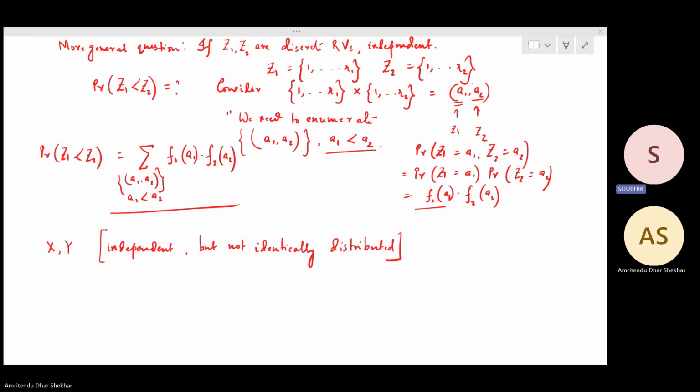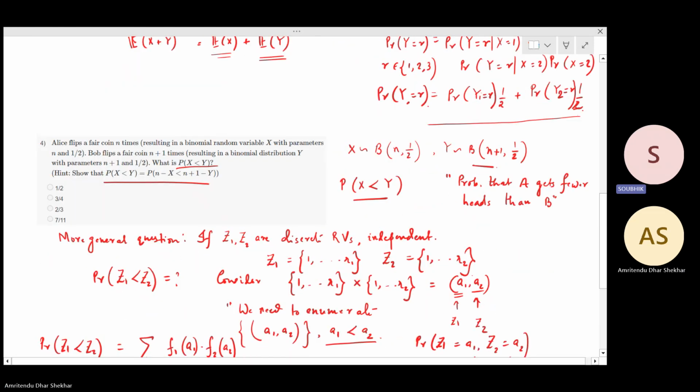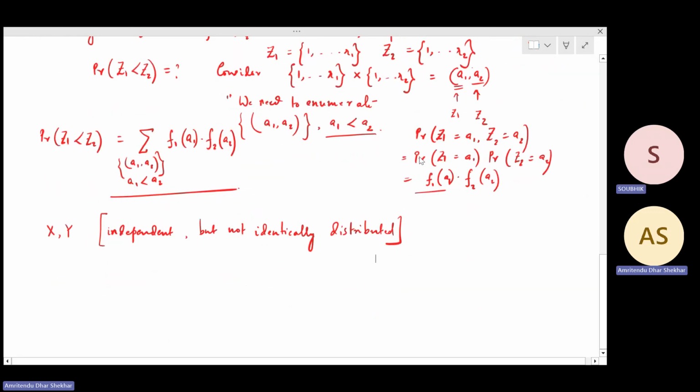Because Alice is tossing one coin and Bob is tossing another coin, so both are independent events. But why are they not identically distributed? Because one has n chances and the other has n plus one chances. Exactly. So X is a binomial random variable with parameters n and half, and Y is a binomial random variable with parameters n plus one and half, so they are not identically distributed.